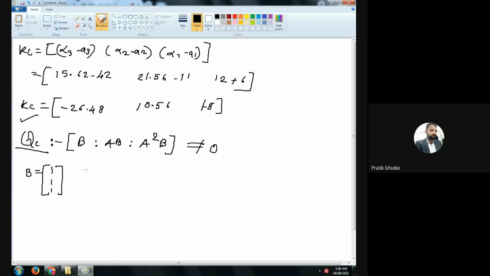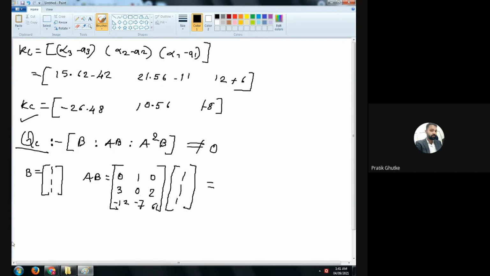What is my AB matrix? AB means multiplication of A and then B. That is A equals 0 1 0, 3 0 2, minus 12 minus 7 6, and B matrix 1 1 1. AB, yes, what will be the answer here? And then I will be finding A square B. A square B means you take A, 0 1 0, 3 0 2, minus 12 minus 7 6.